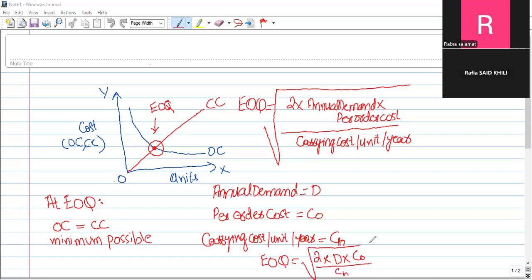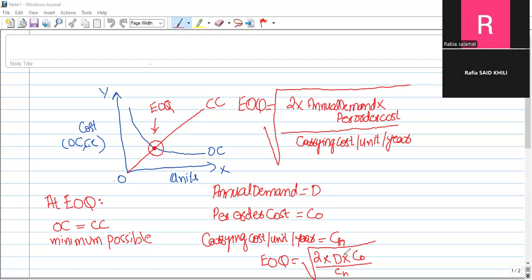So now this is your formula: 2 into D into CO divided by CH under root. Clear? How do we calculate the EOQ? Yes, please ask if you have any question.